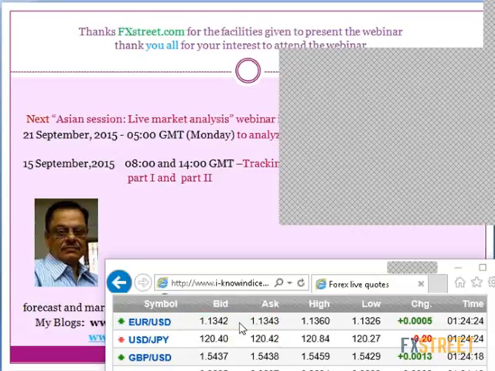What you do is, during the start of the late session, by 5:30 GMT, they will try to form up again, pretend as if they are going to breach the high, and then they will make a drop. After making a brief false move, they may come to 1.1355 or 56 and then start making the slide.